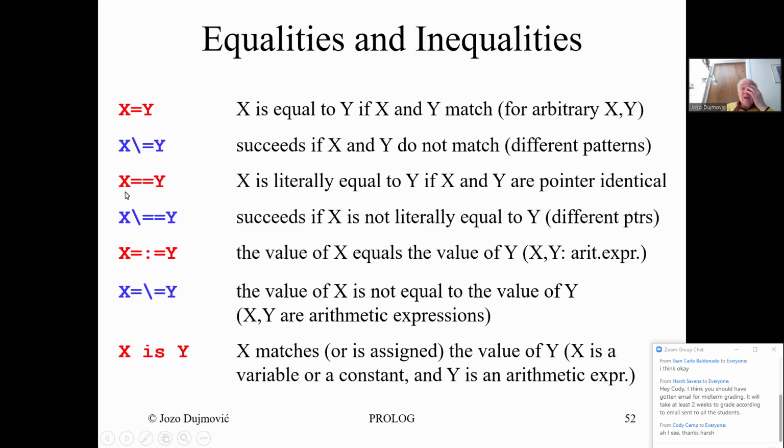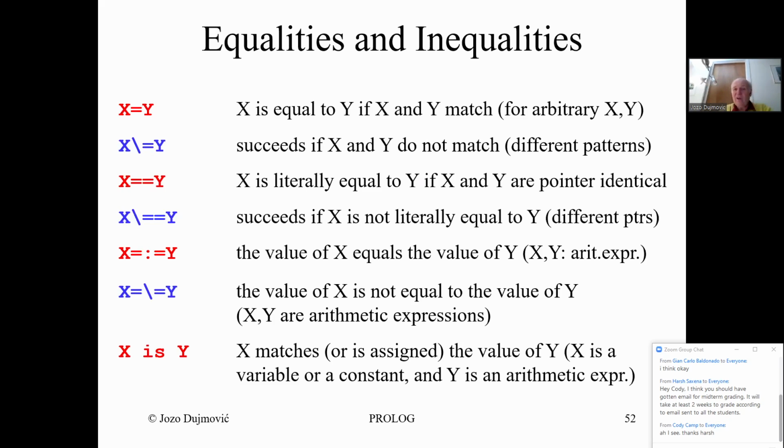Then, literally equal means that you have the same pointer here and the same pointer here. So you can have 2 variables that are different, and one is pointing to Iceman and the other is pointing to Iceman. You are not going to have that they are literally equal unless Iceman is a unique value in the same location.